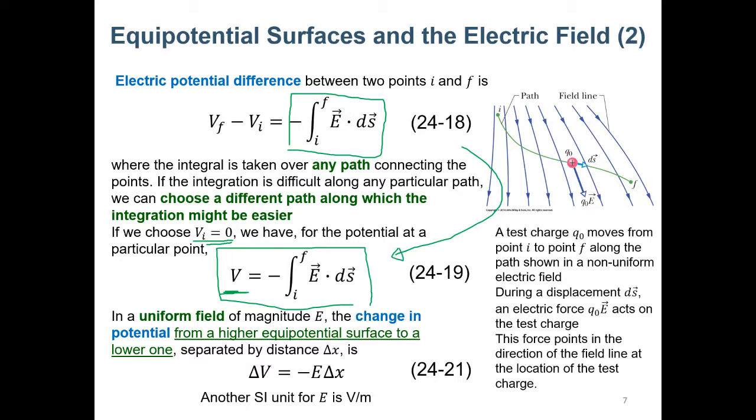And if it is only in one dimension and the field is uniform, delta V will be minus E times delta X.